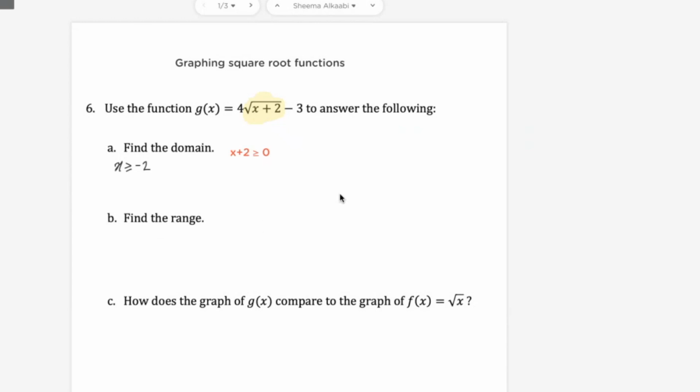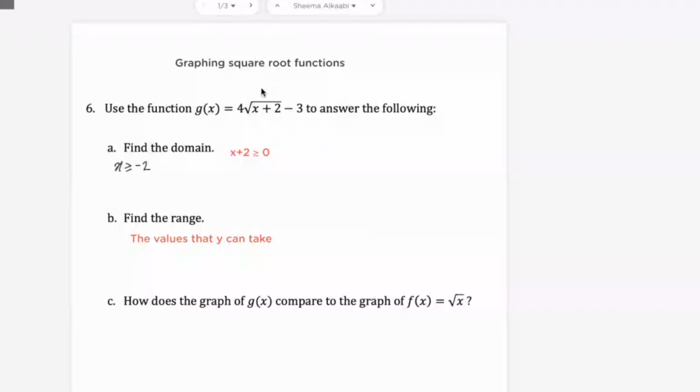To find the range, you have to look for the values of y. The range are what? The values of y, or the values that y can take. These are the values of y, we call them the range. Okay, so we look at our function.